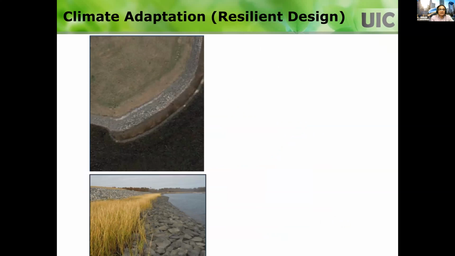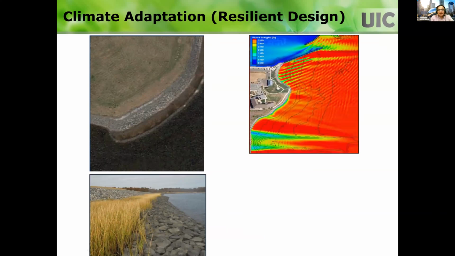So for example, this is a landfill site right next to the river. If the sea level rises in the river or coastal area, or the surge height increases, and you don't have any protection, this is going to erode and all the waste is going to spread. So because of the anticipated climate change impacts, they're putting in this shoring to prevent any kind of damage.